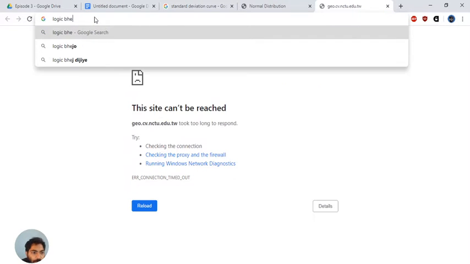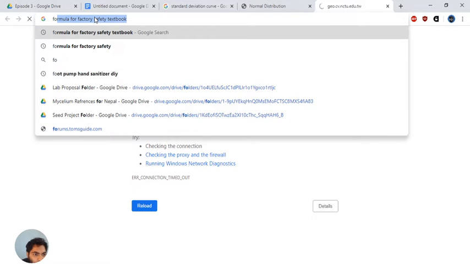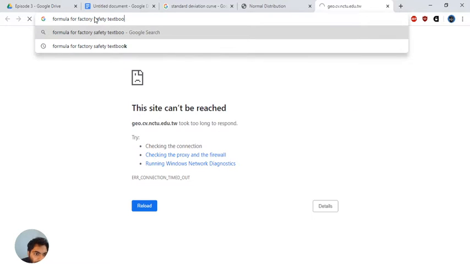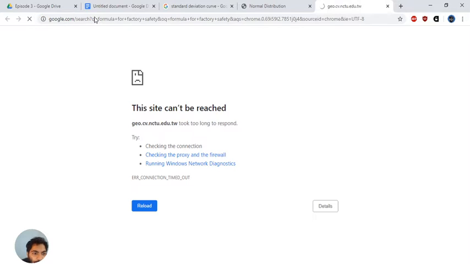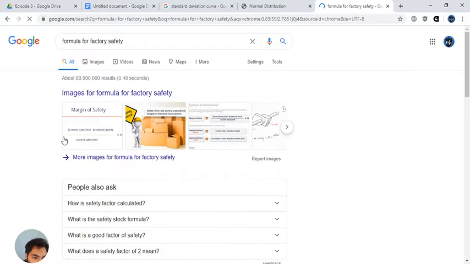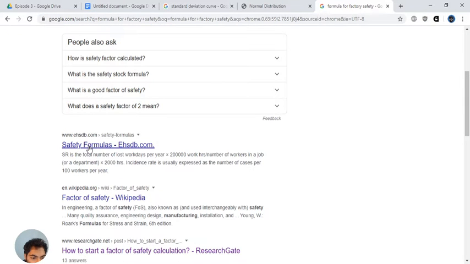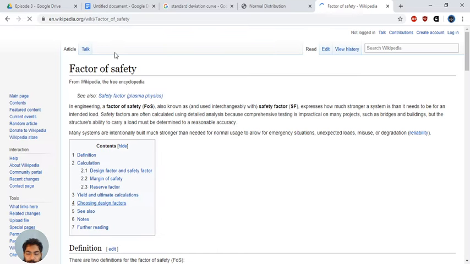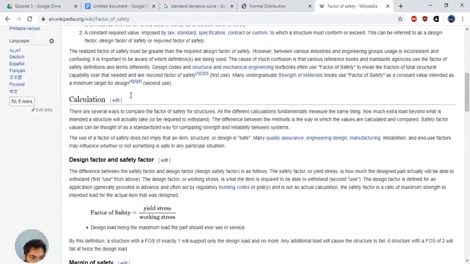Logic behind formula for factor of safety. I guess we're caving into Google, okay? I should have just used Wikipedia and then cited the source.